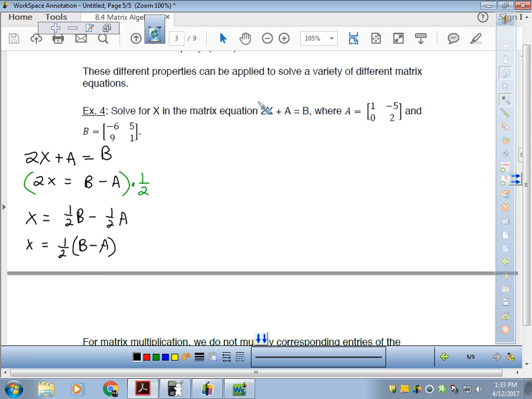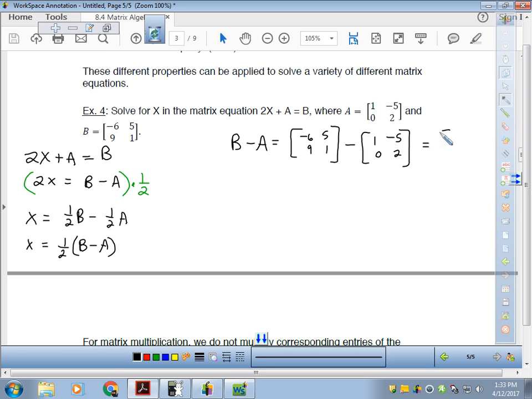So let's figure out what that would be in the context of this problem. So start by finding B minus A. Matrix B is -6, 5, 9, 1, minus matrix A is 1, -5, 0, 2.